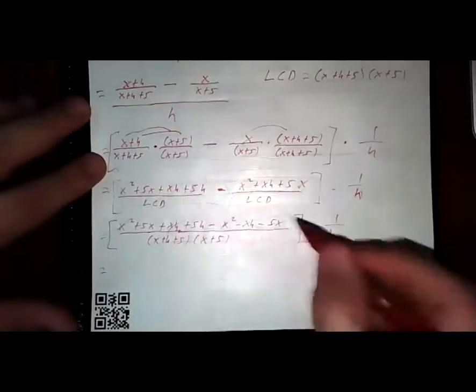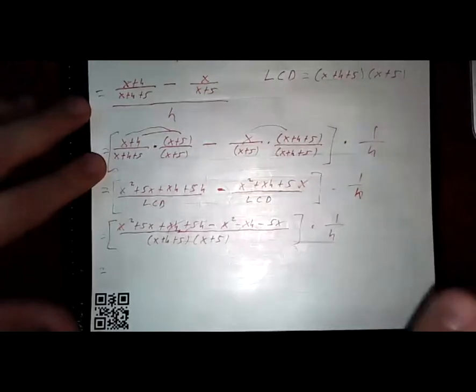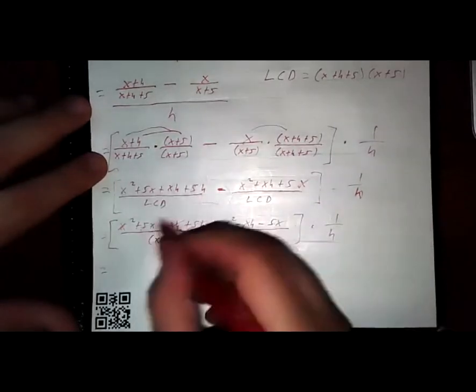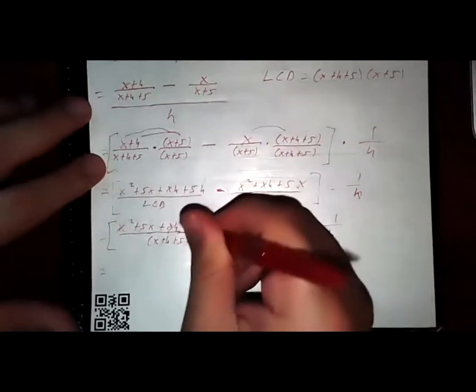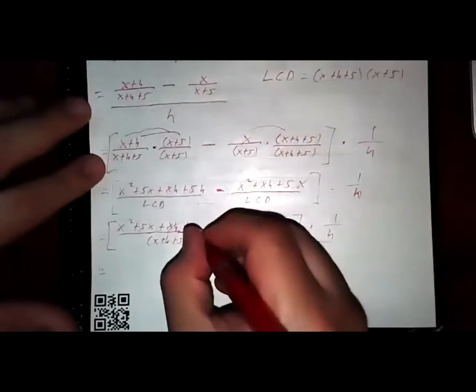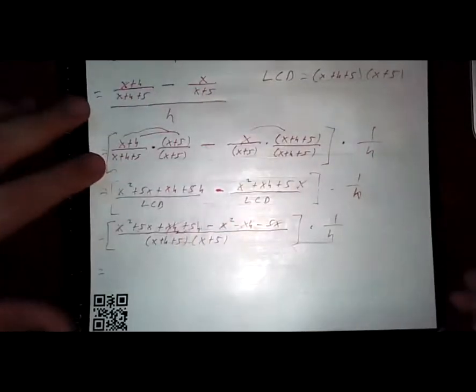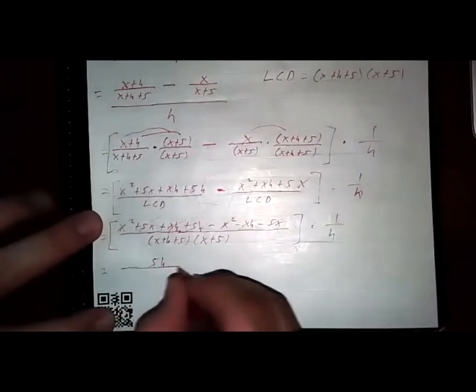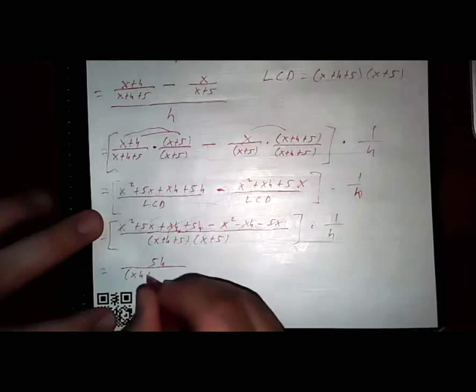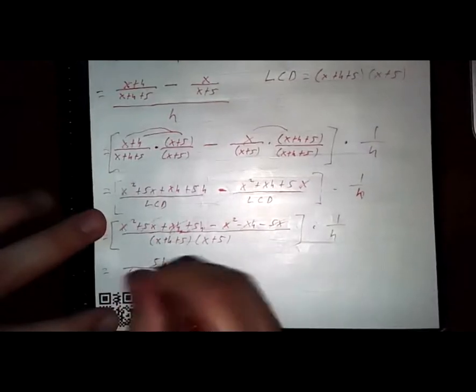So the x squares are gone. xh is gone. 5h is not gone. 5x is gone. 5h is fine. So we're left with 5h over the LCD that we introduced, x plus h.